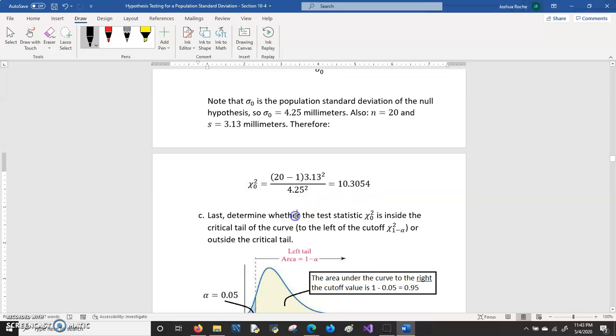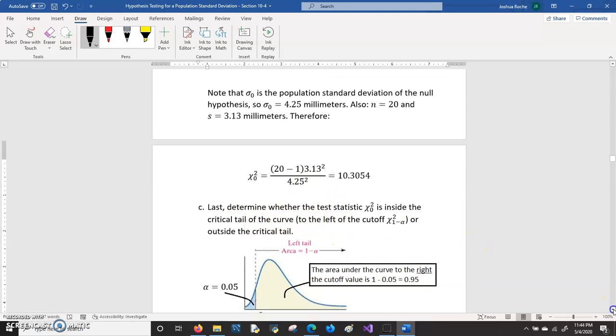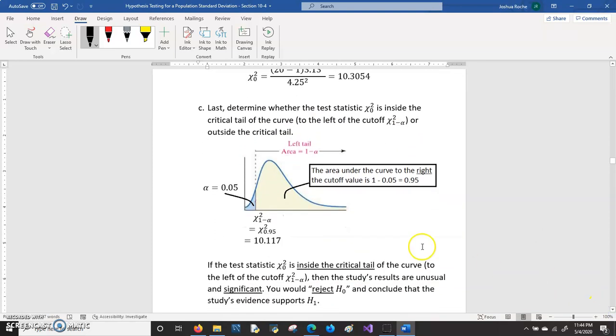10.3054. The last thing is to determine whether this test statistic is inside the critical tail or outside the critical tail. So the cutoff was 10.117, and our test statistic is 10.3054.